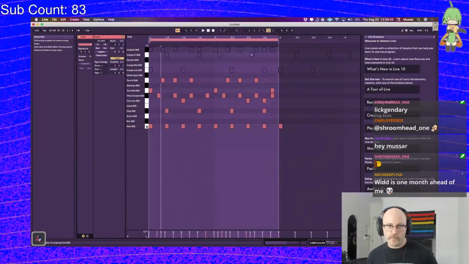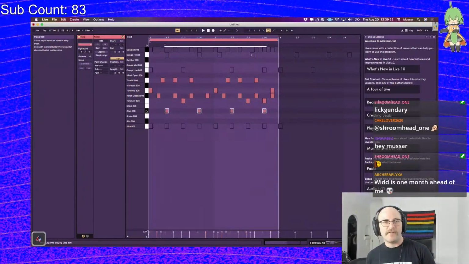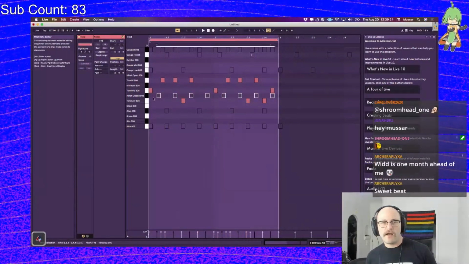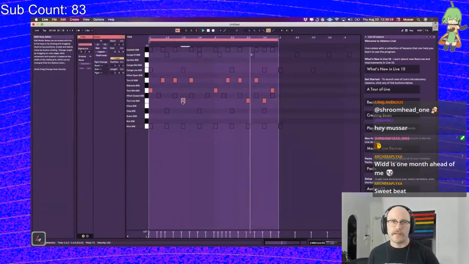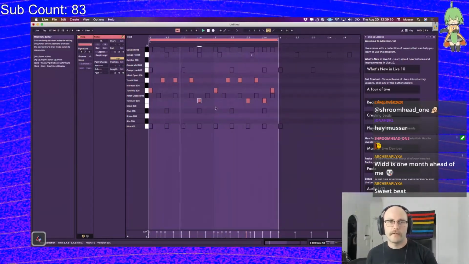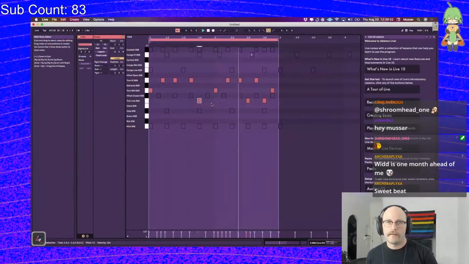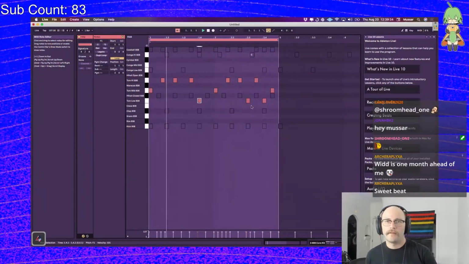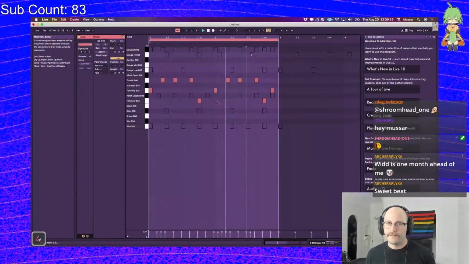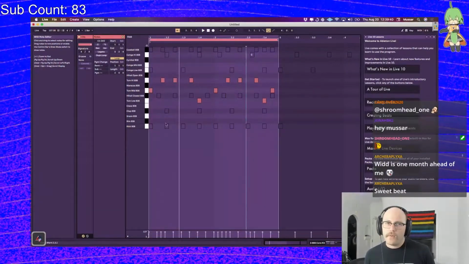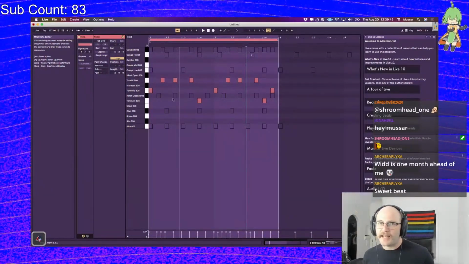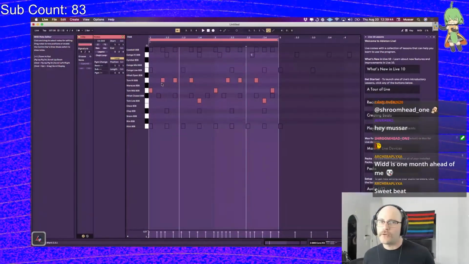We can start to remove layers and find that clave amongst all of our toms. So now we're not really overcomplicating anything in terms of the actual rhythm.